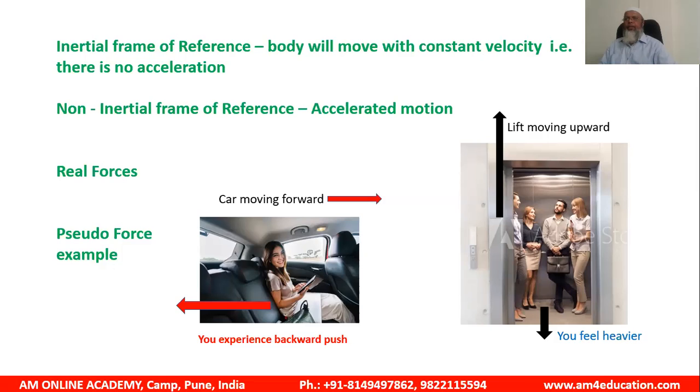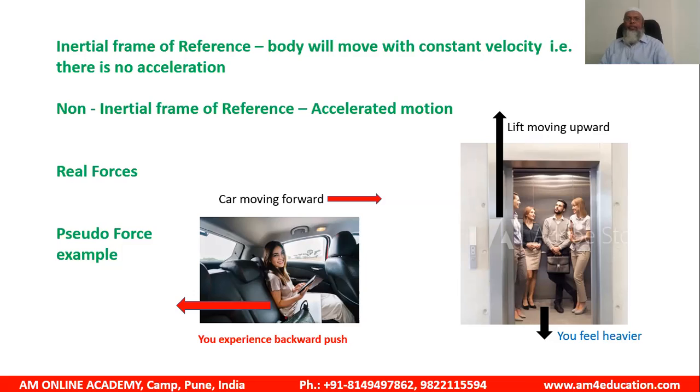If this bus is moving with a constant velocity and you are stationary, considering yourself at the origin, then the frame of reference created by you is called an inertial frame of reference. In an inertial frame of reference, the body travels with a constant velocity, and Newton's laws of motion are applicable.